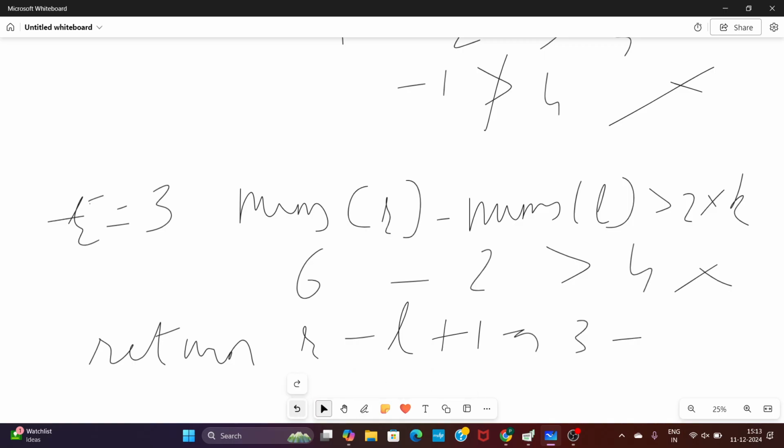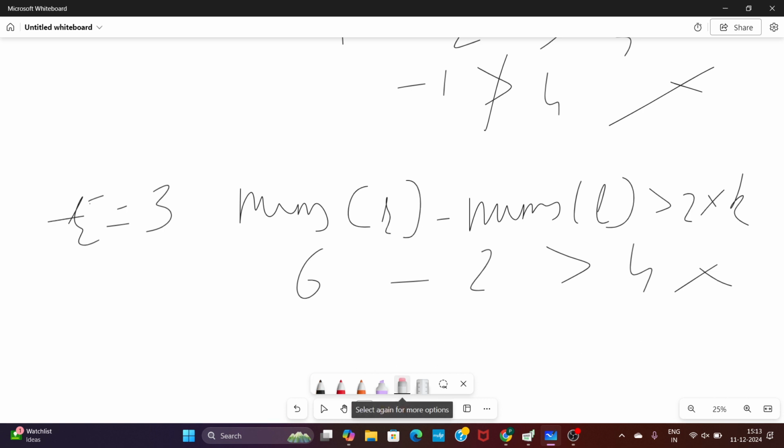Let me just add one condition over here. L is basically the number which is on the left side. So let's suppose our L is equal to 1, as 4 equals 4.